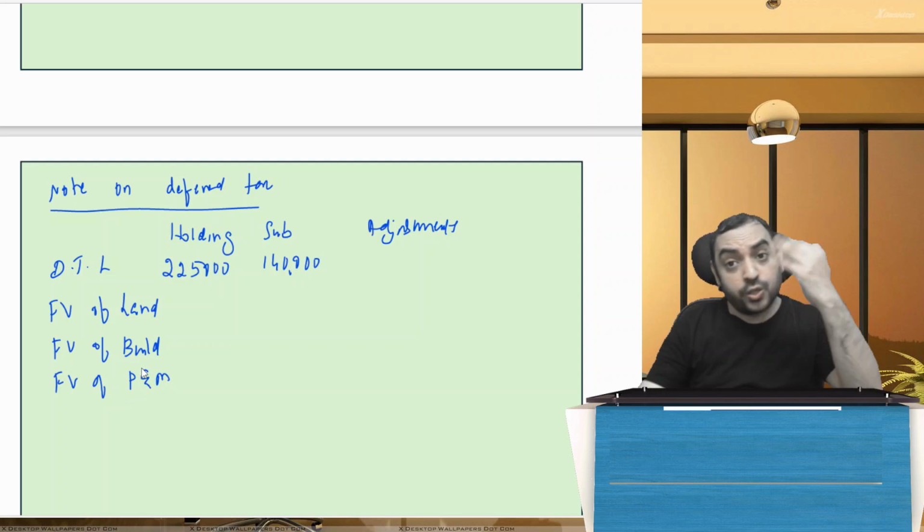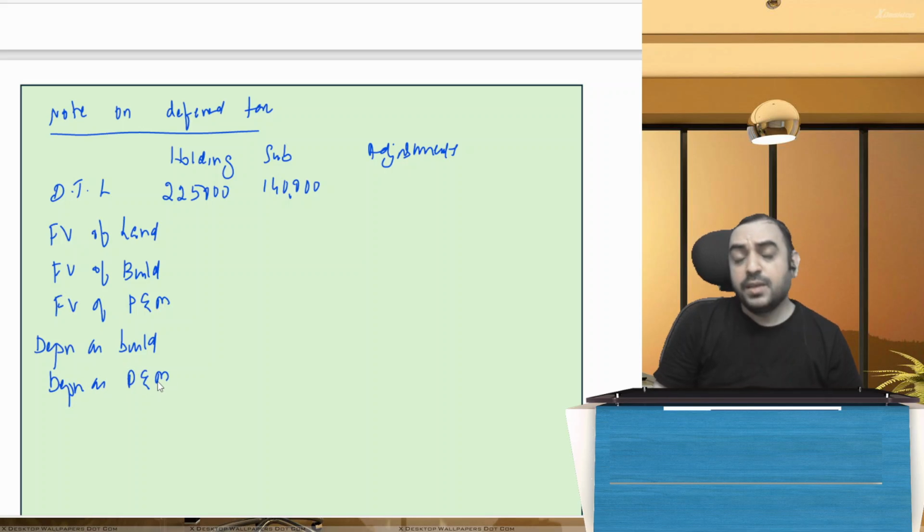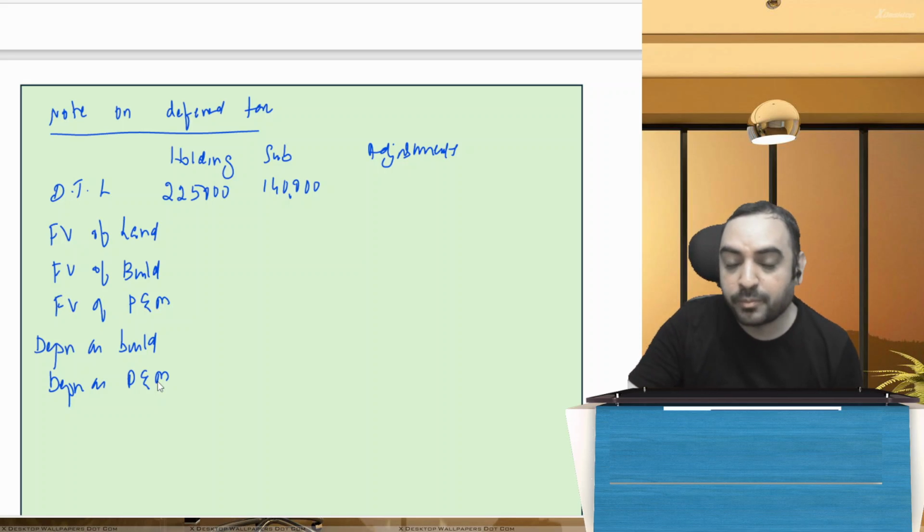Then deferred tax reversal also took place because of depreciation, so depreciation on building and depreciation on plant and machinery. Maybe you can also show contingent liability creation. Deferred tax asset was there, then reversal, contingent liability closed. But because it was created and closed, the net effect will not be there. I ignore it. Otherwise, you should keep that also in mind.